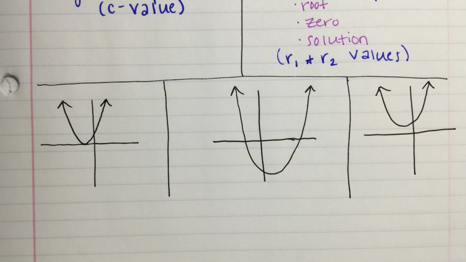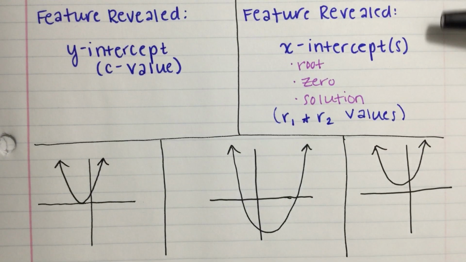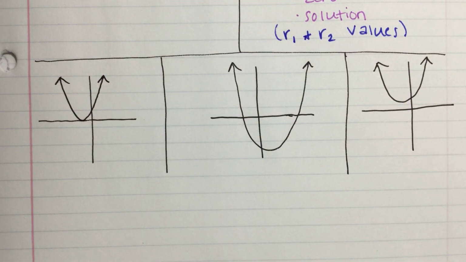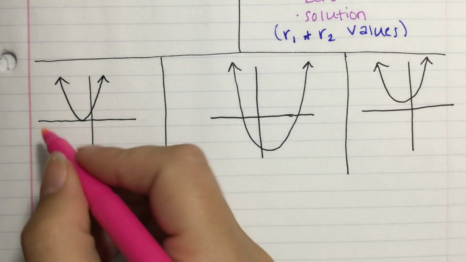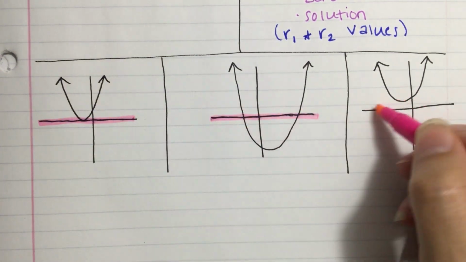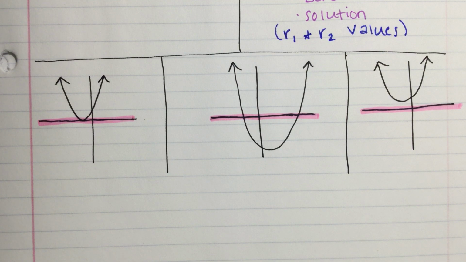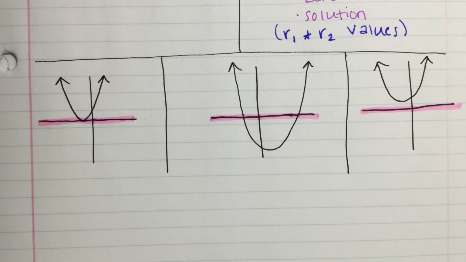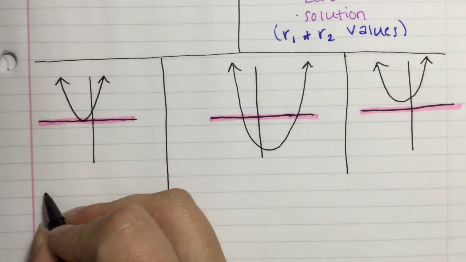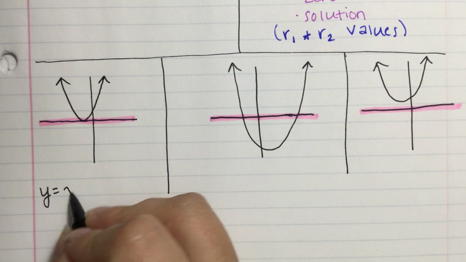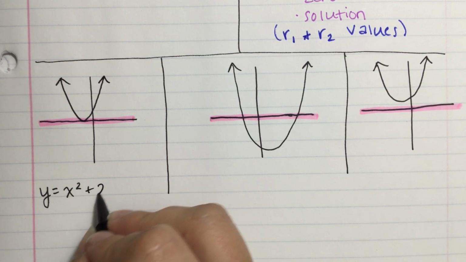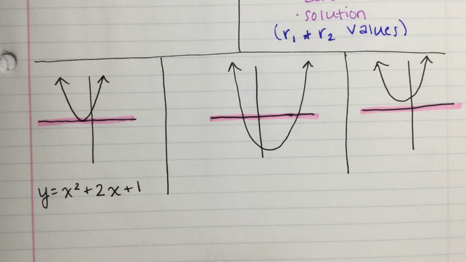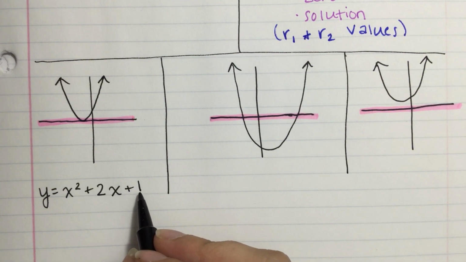So when we are talking about solutions, we're talking about our x-intercepts, or in other words, where it intercepts our x-axis. And I'm actually going to highlight that so we can focus on how many times it's actually intersecting. So if we look at this one, it is only intersecting one time. And an example of an equation that would result in that, so let's say that this is our standard form. And if we go back and we think about how we would factor this, there's only one set of factors for 1.